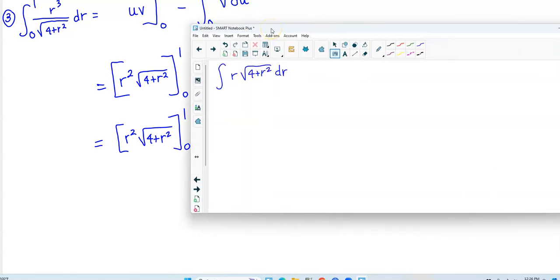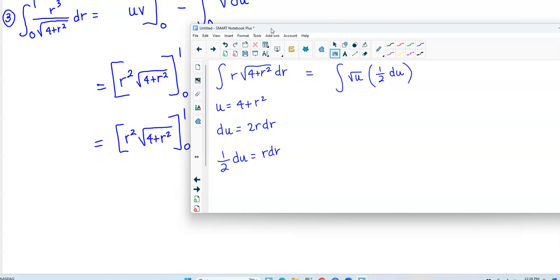And so we're going to let u equal 4 plus r squared. Du is going to be 2r dr, and divide both sides by 2. So r dr is going to equal 1/2 du. And now when we write our substitution, we're going to have the square root of u times 1/2 du. Factor out the 1/2, and then we want to take the antiderivative of u to the 1/2.